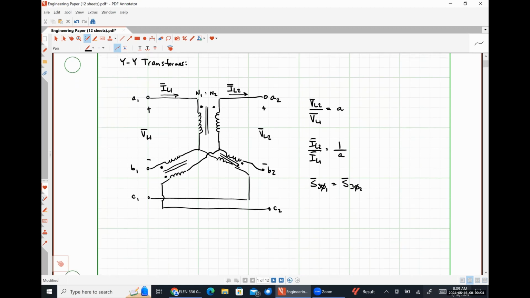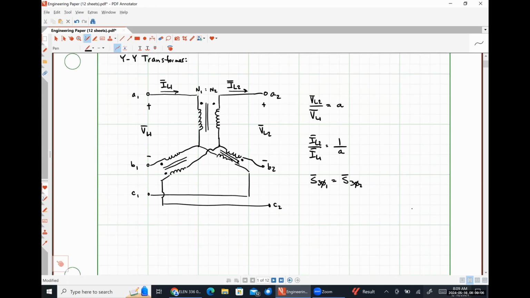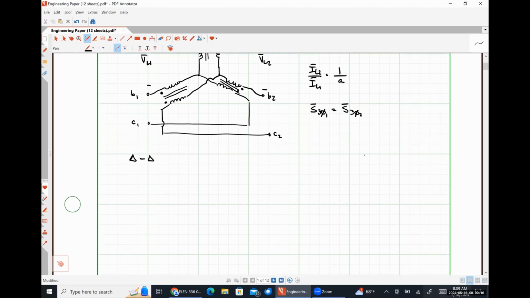Our delta transformer is going to have a similar set of relationships. So let's go ahead and draw that one. So here's our primary A phase terminal.